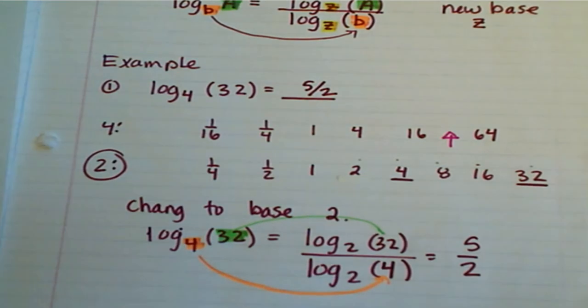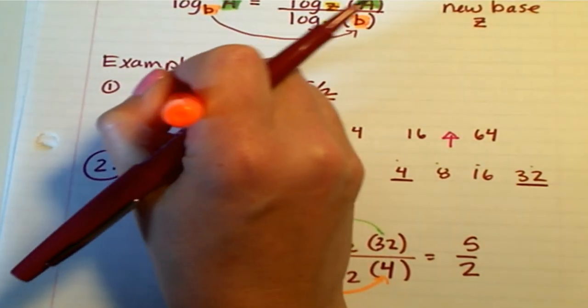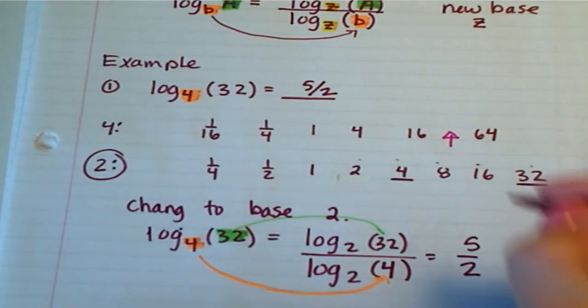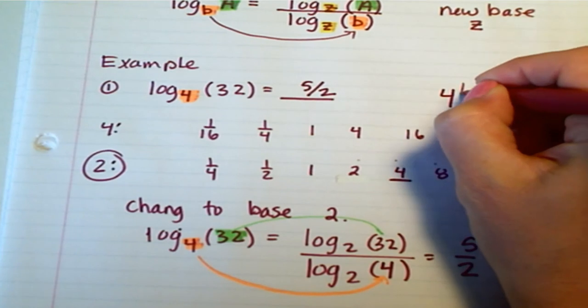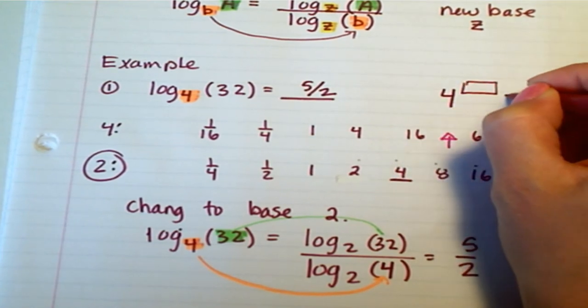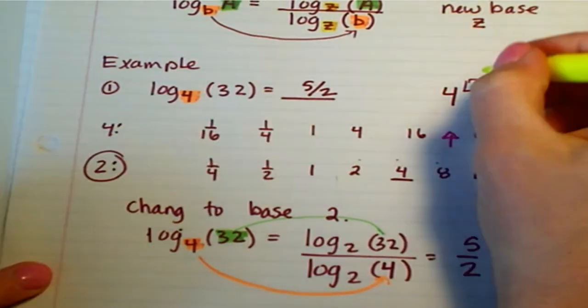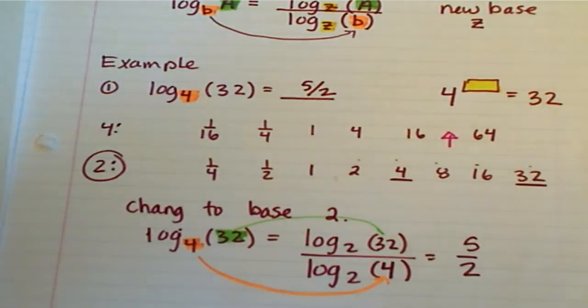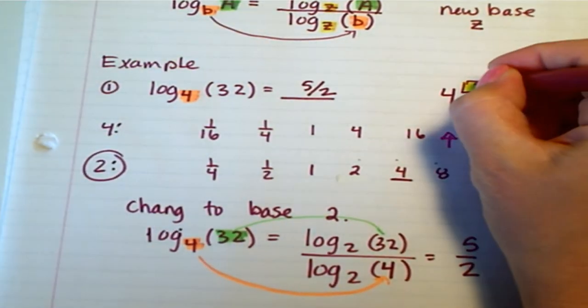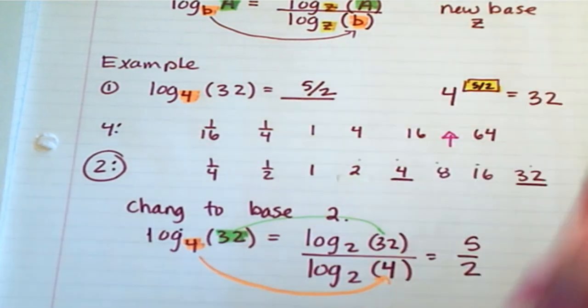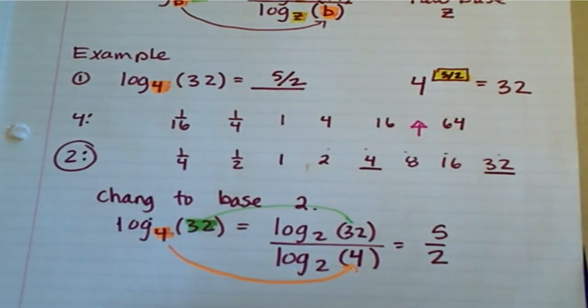Cool. Let's see if we can't do our other format. 4 to what power equals 32? And we would say the 5 halves power. Guys, it's a power and a root combination.